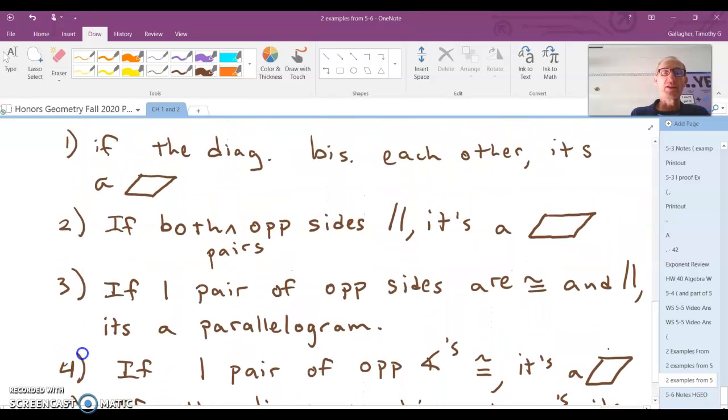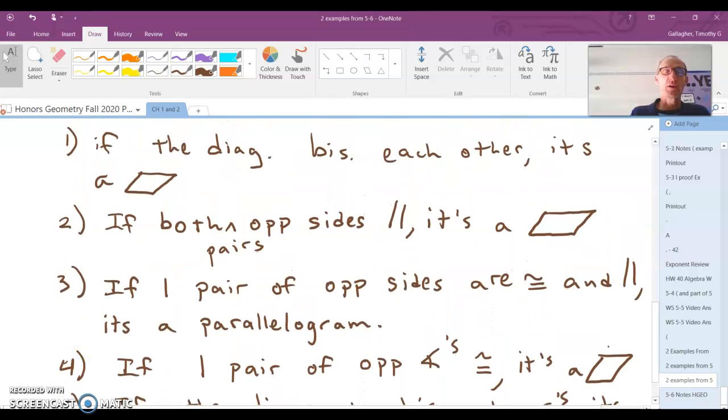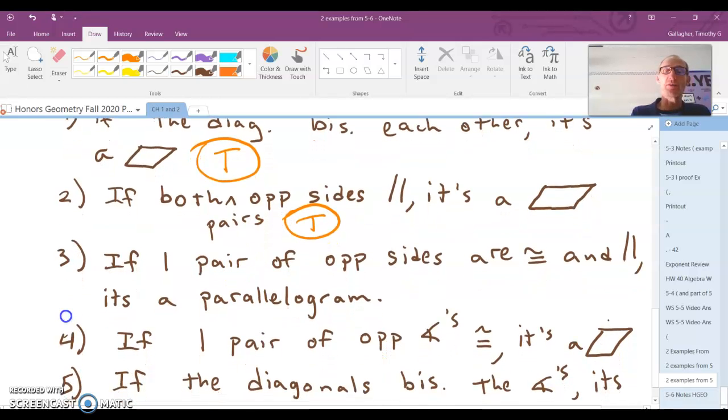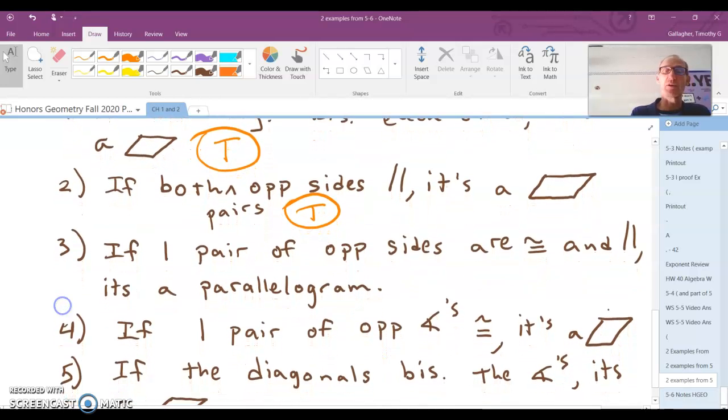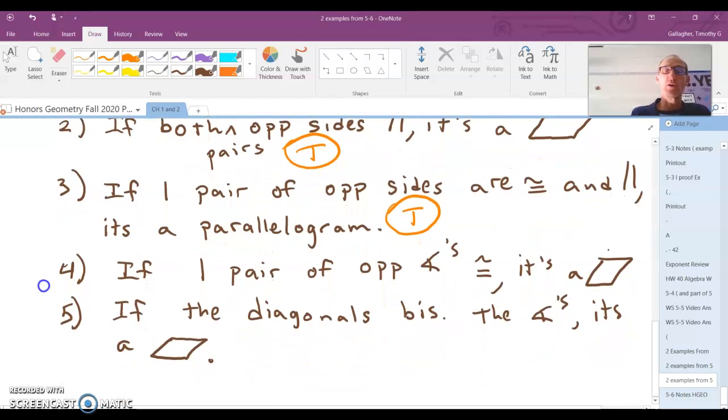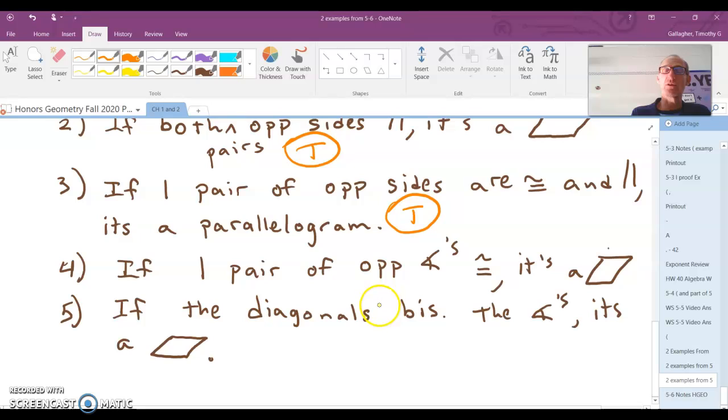Well, number 1, if the diagonals bisect each other, it's a parallelogram. That's always true. If both pairs of opposite sides are parallel, it's a parallelogram. That's definitely true. If one pair of opposite sides are congruent and parallel, it's a parallelogram. That's definitely true too. If one pair of opposite angles are congruent, it's a parallelogram.